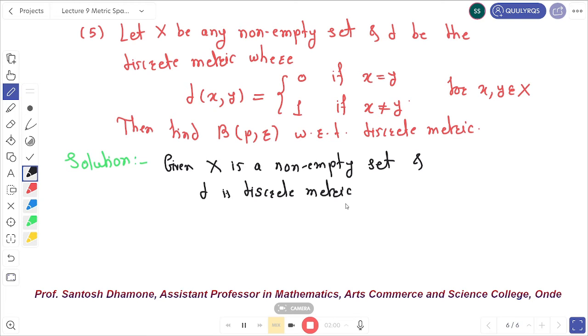If our radius r is greater than 1, and p belongs to X, then the open ball about p with radius r is equal to the set of x belonging to X such that the distance between x and p is less than r.